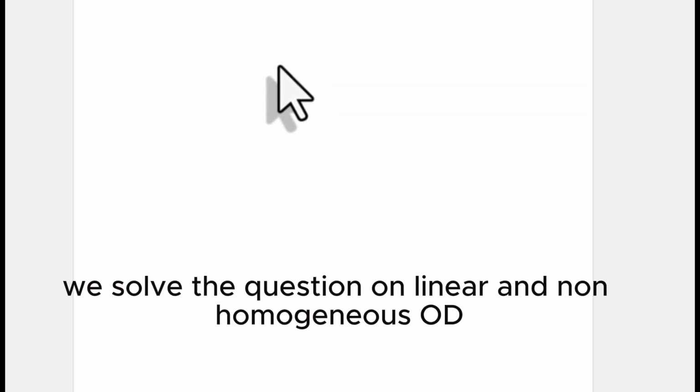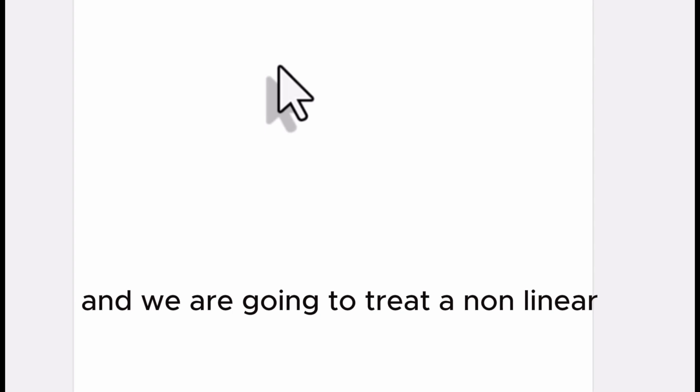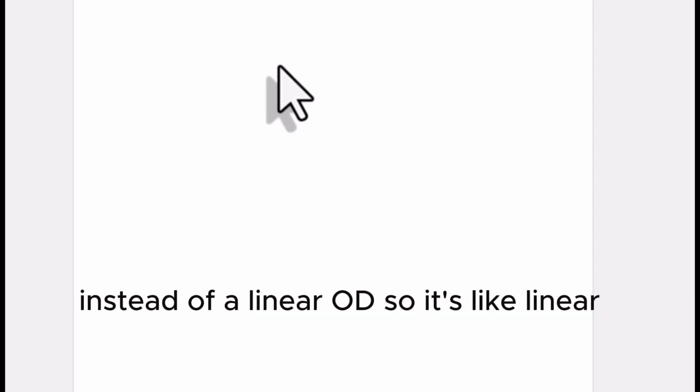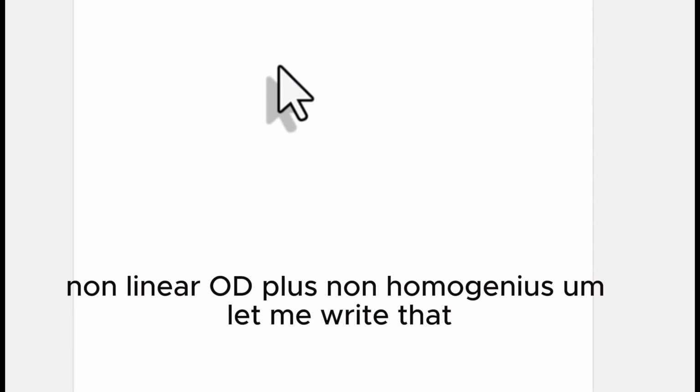During our last video, we solved the question on a linear and non-homogeneous ODE. This time around, we're going to move forward and treat a non-linear ODE instead of a linear one. So it's a non-linear ODE plus non-homogeneous.